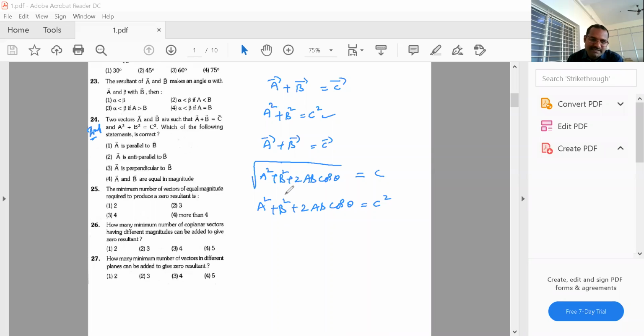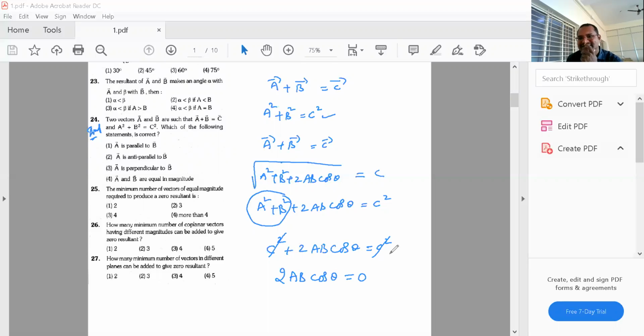As they said that A square plus B square is equal to C square, I'll write C square plus 2AB cos theta is equal to C square. Okay? This C square, this C square cancel. Means you will get 2AB cos theta becomes 0.